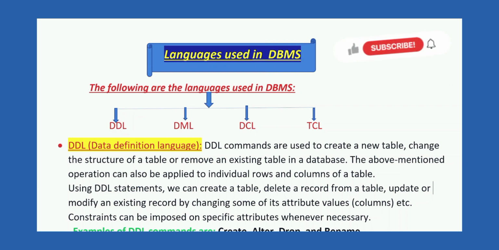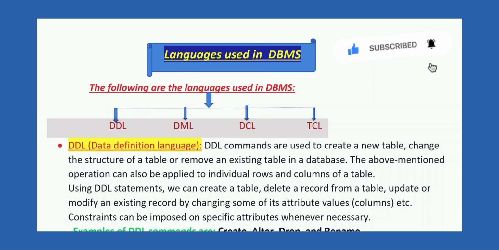Now, what are these categories? You can see here, four types: DDL, DML, DCL, and TCL. DDL stands for data definition language, DML stands for data manipulation language, DCL stands for data control language, and TCL stands for transaction control language.